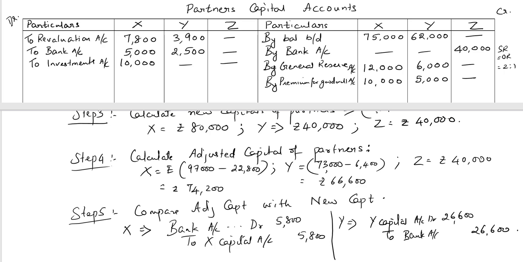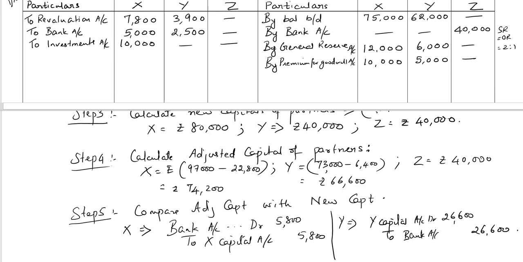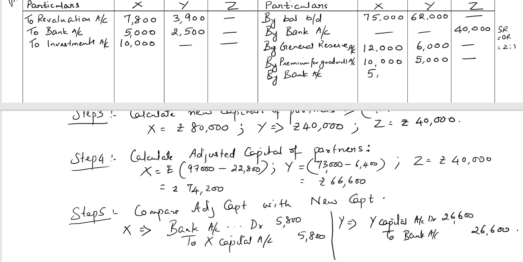So we'll insert these two entries in the partners' capital accounts. In the case of X, it's by bank account 5,800 rupees. And in the case of partner Y, it is to bank account 26,600 rupees.